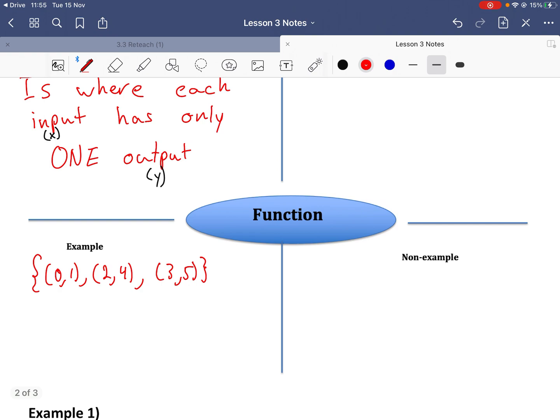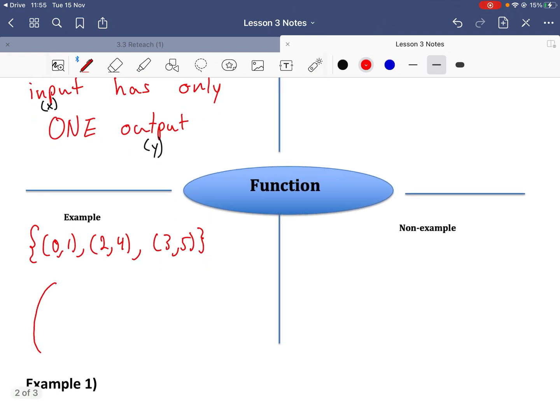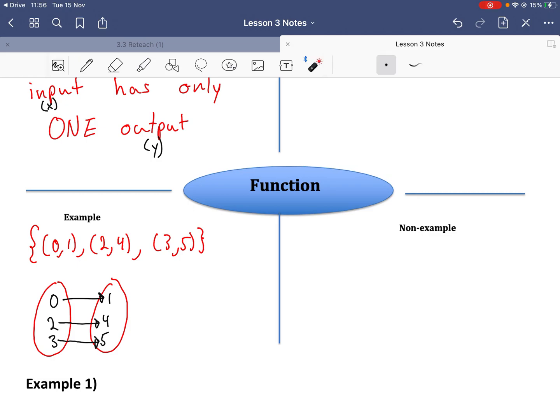When we show this in mapping, 0 and 1, 2 and 4, 3 and 5. 0 goes to 1, 2 goes to 4, 3 goes to 5. Okay? Each input here has only one output. Each input has only one output. Okay? So let's look at a non-example.